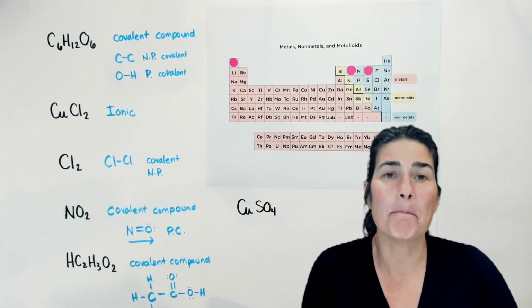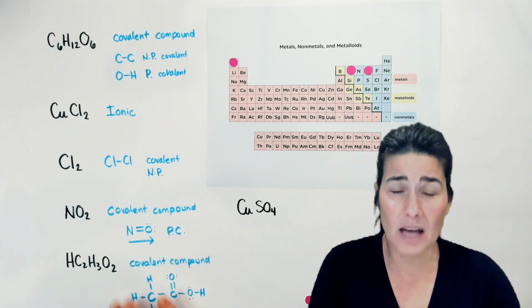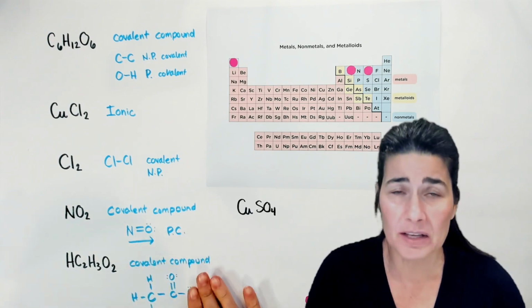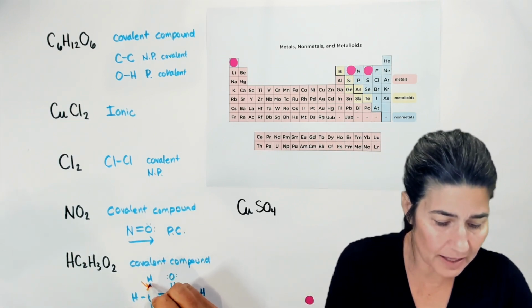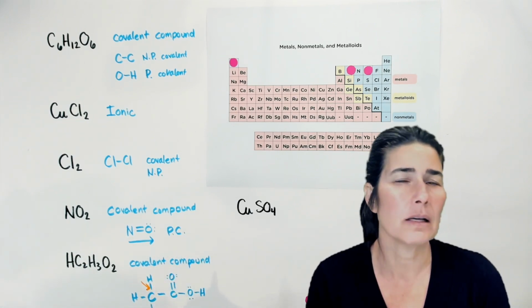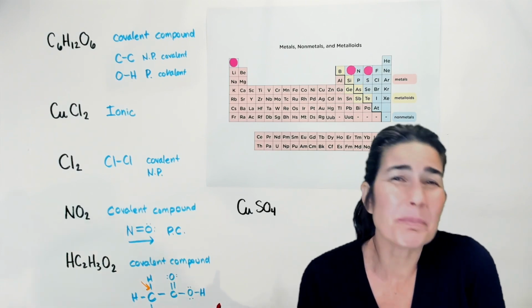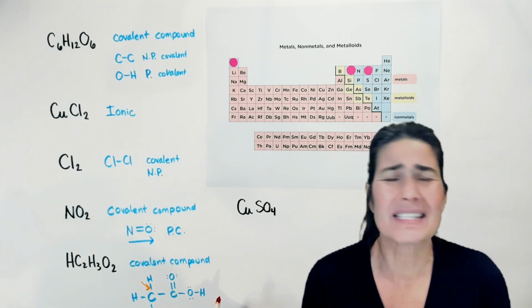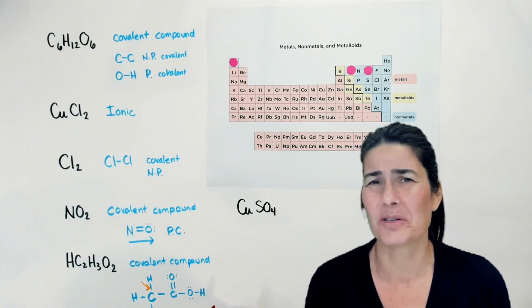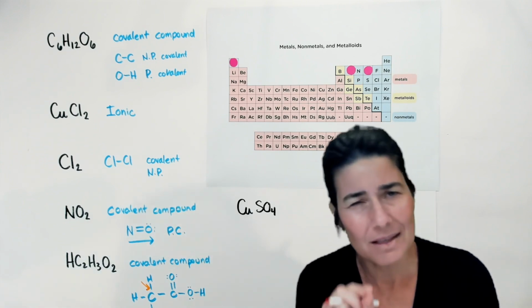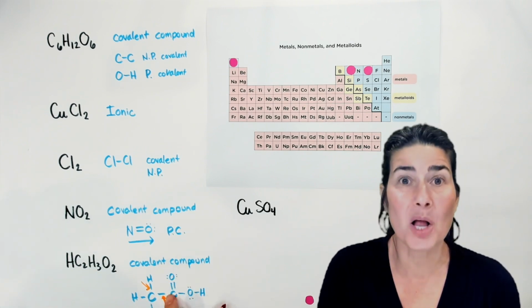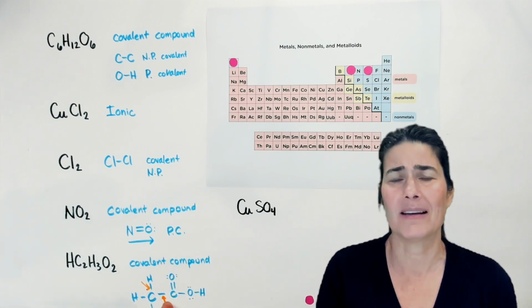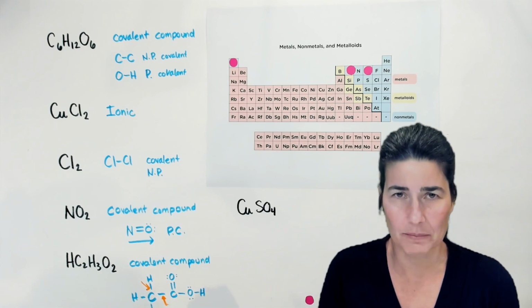Now, if you looked at bonds within this covalent compound, these are all covalent bonds. But what type? Well, I would call the bond between carbon and hydrogen, it is polar, but just ever so slightly. They're almost the same electronegativity, so like mostly nonpolar, barely polar. Between carbon and carbon, well, carbon pulls exactly the same as carbon, so that's a nonpolar covalent bond.